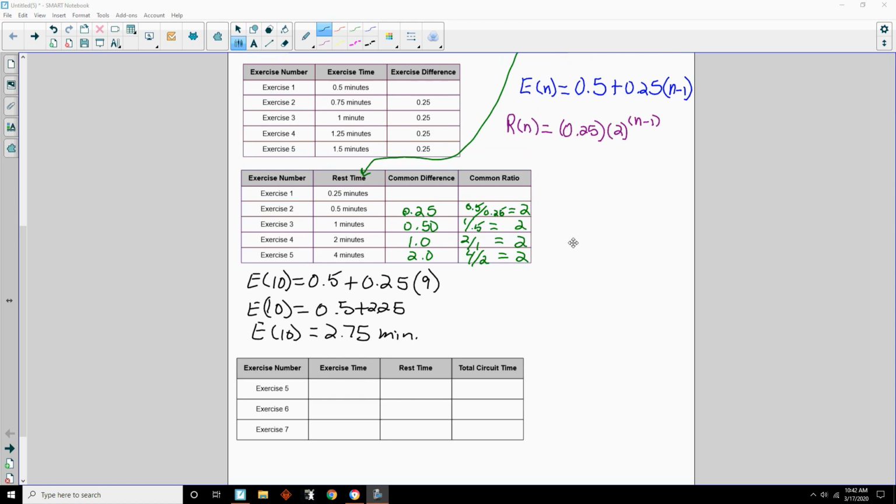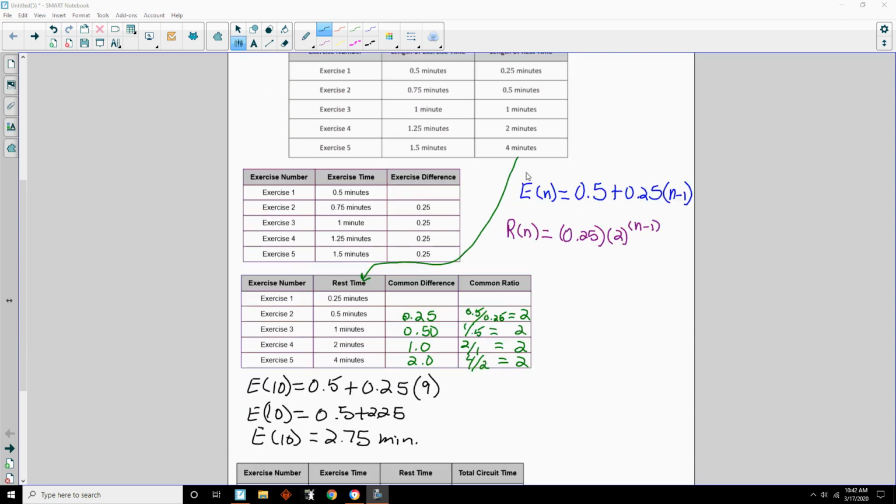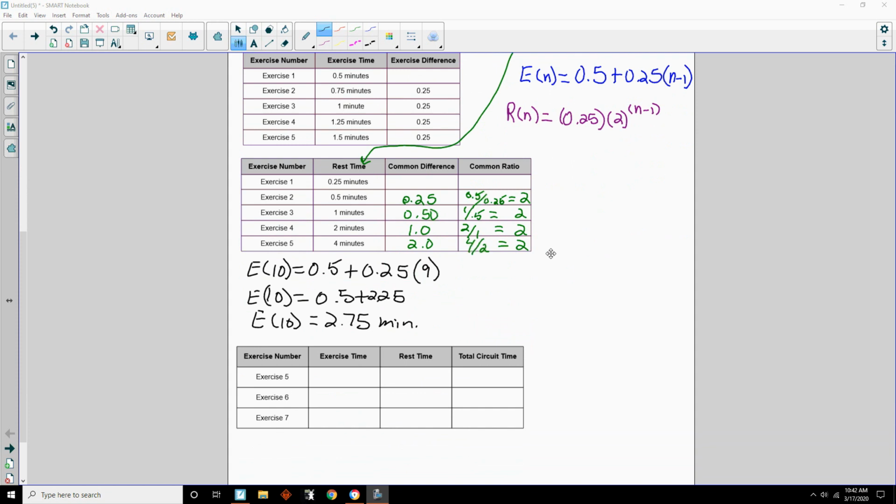Okay, so to answer this question, remember it was, if a player had 30 minutes of actual gym time, how many exercises could they get done? So we would just extend our table here, and I will just fill in the data.